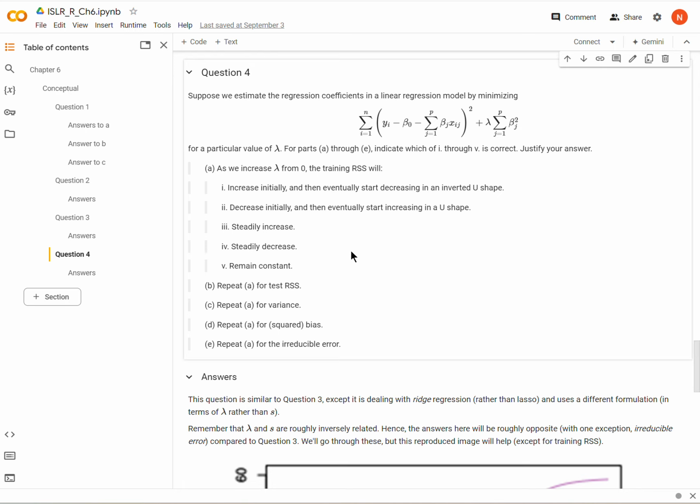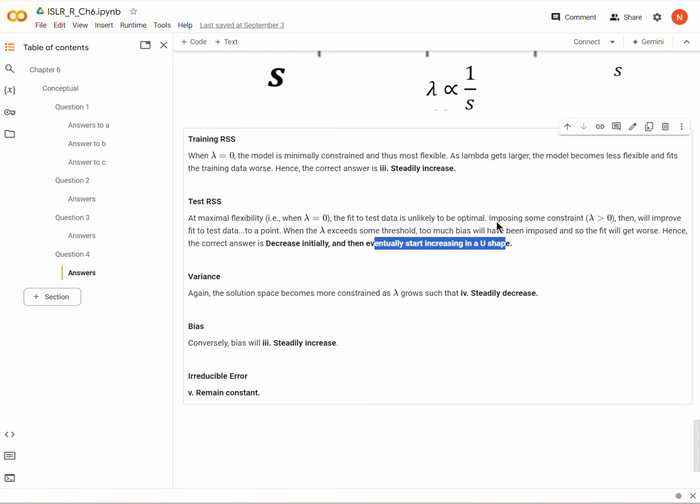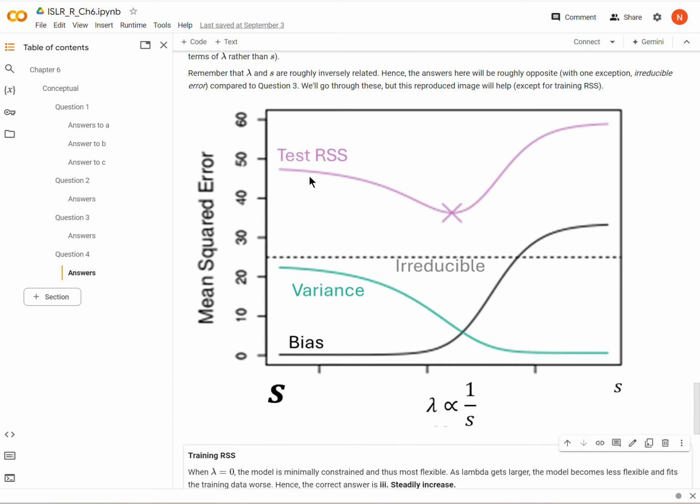So we should see a two-phase fitting thing. It should initially decrease and then eventually start to increase. That's more or less presented here, right? As lambda gets bigger, we probably fit better and better, and then at a certain point lambda gets too big, and the fit gets worse.